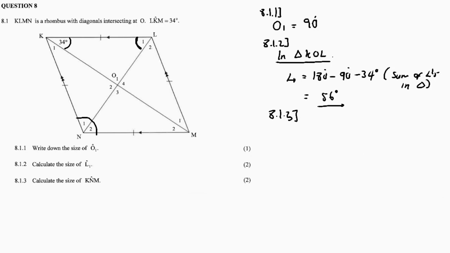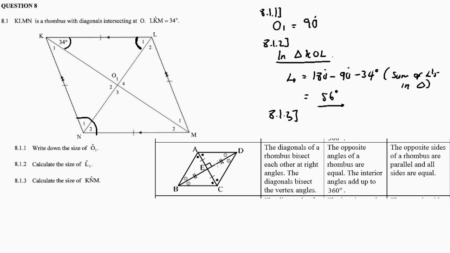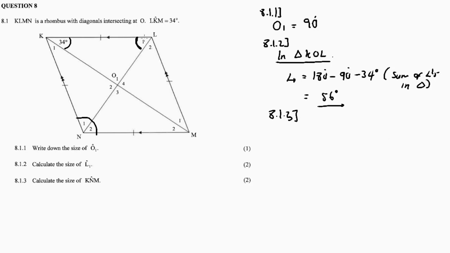And one more thing, we see that the diagonals bisect the angles at the vertices. So L1 is equal to L2, which are both equal to 56 degrees.